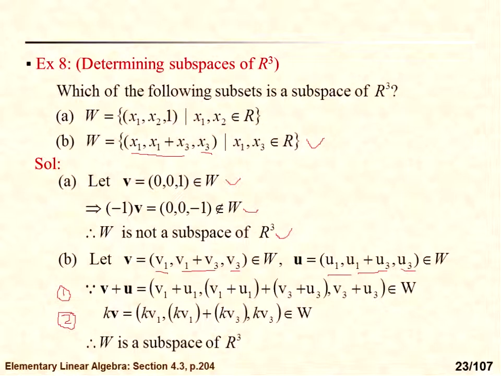Don't confuse it, because as I told you, a subspace is a part of a vector space, and a vector space satisfies the 10 axioms. If any space satisfies these 10 axioms, then we say that it is a vector space.